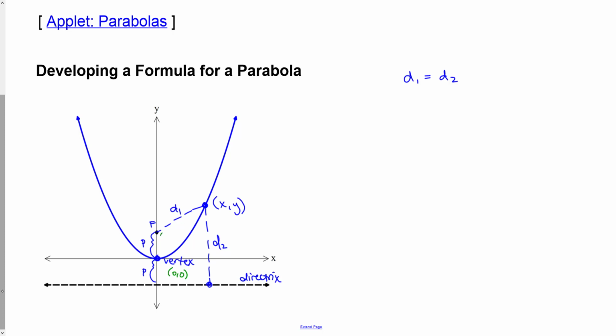So that means the focus is at 0, p. Okay, then the directrix is going to be the line, not x equals, this is a horizontal line, so it's y equals negative p.